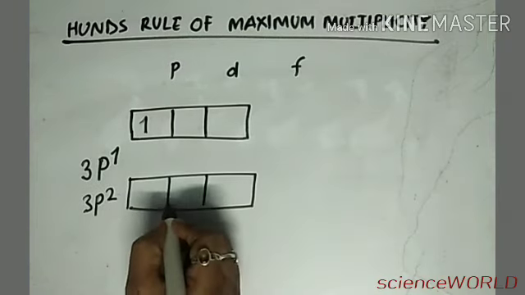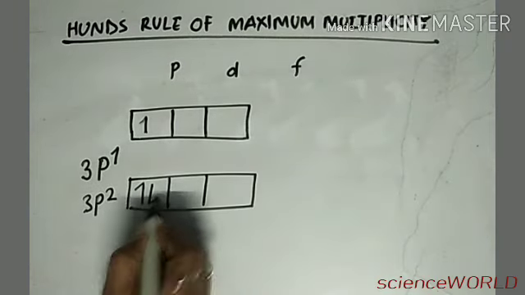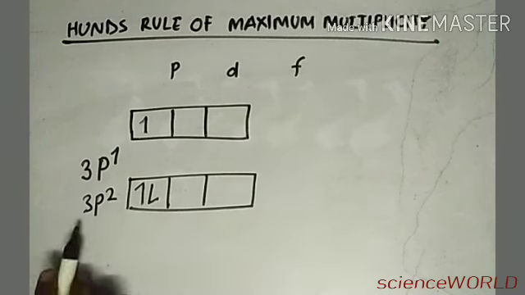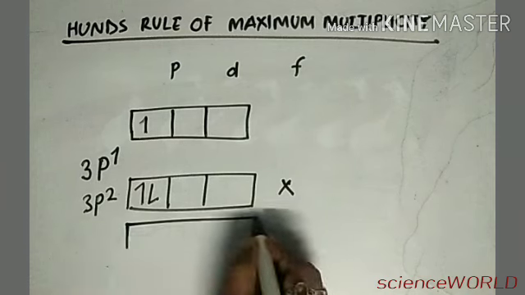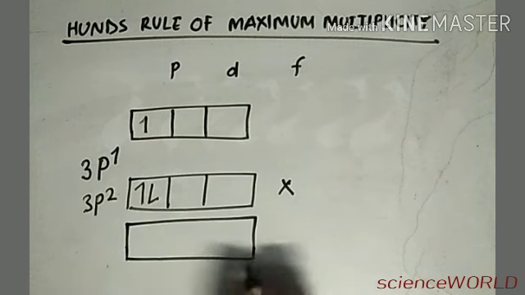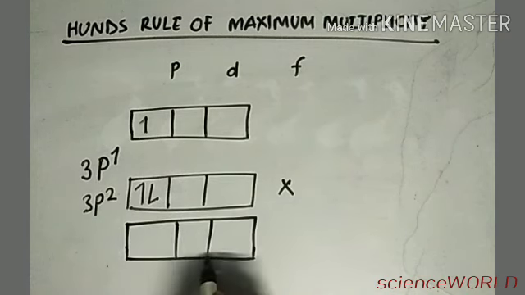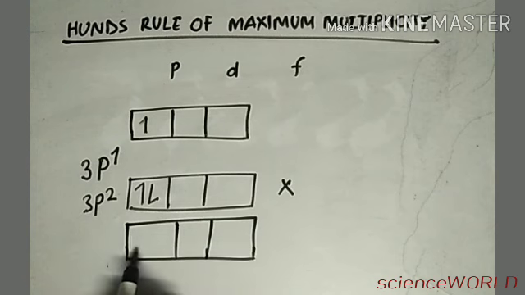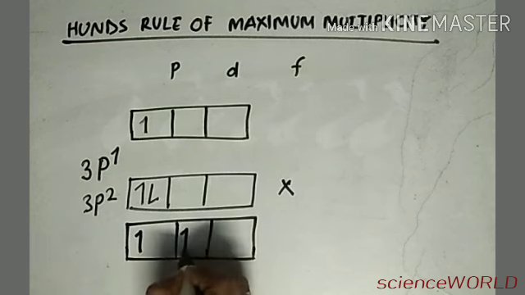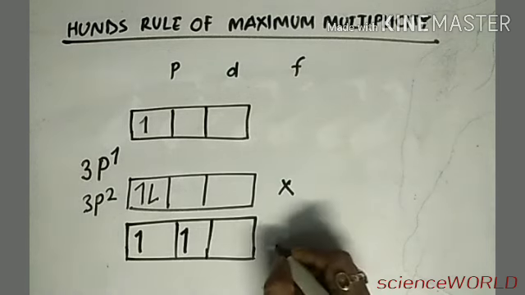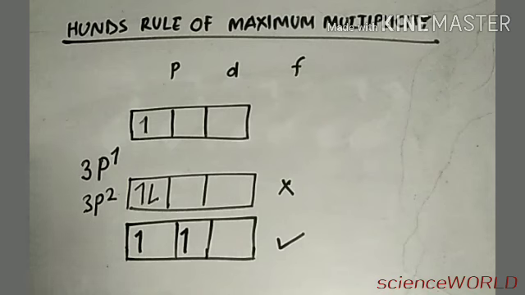If we fill like this, that means it's wrong. So which will be the correct filling? First of all, the electron has to enter the first orbital like this, and the very next electron has to go in the next orbital. So this will be the right way to fill the electrons, right?